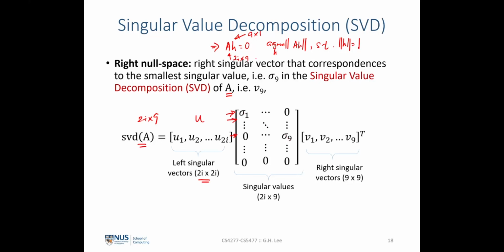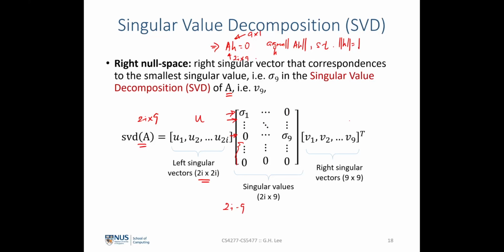That corresponds to the 9 singular values of this matrix A. And the subsequent 2i minus 9 rows will all be padded with 0, as well as the non-diagonal entries of the first 9 rows. They are all zeros.